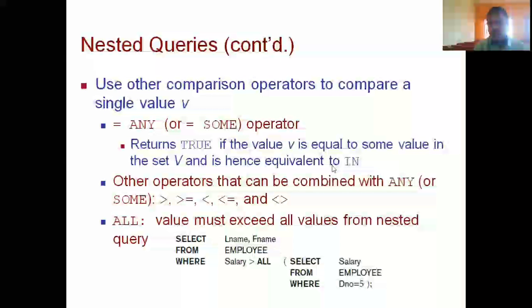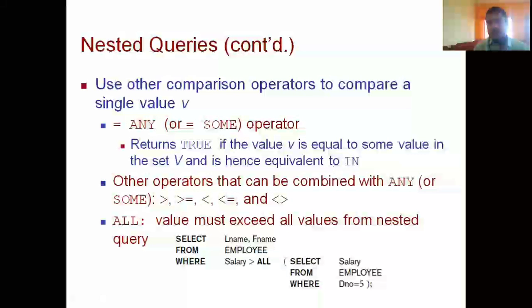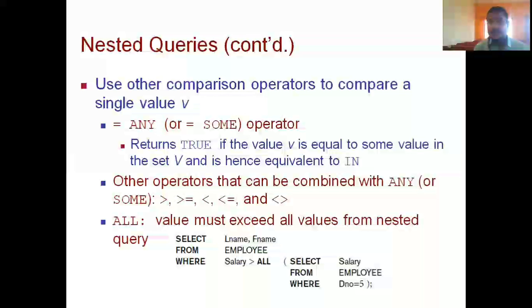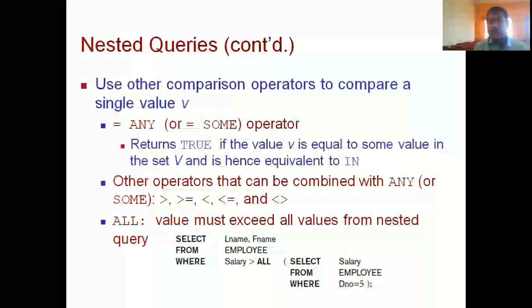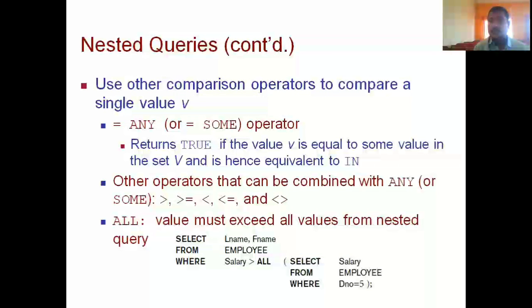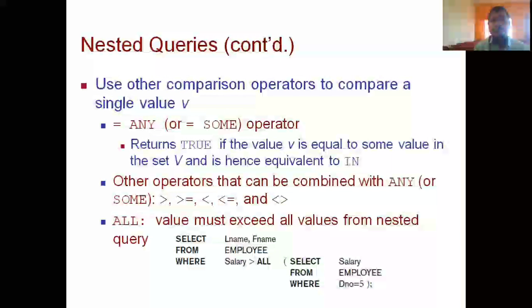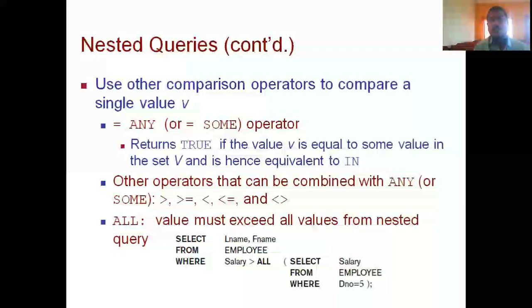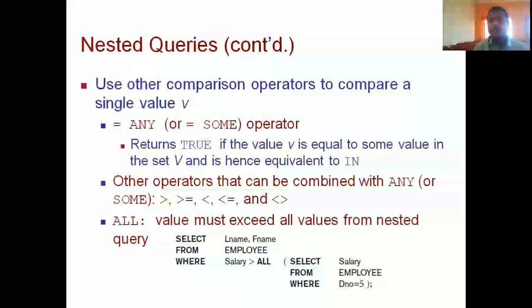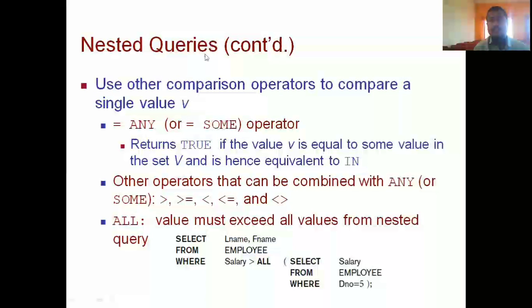It is like when we write C++ functions that return values: if the condition is true, return 1, otherwise return 0 when the condition is false. Similarly here in nested query language, the equals ANY or equals SOME operators return true or false, like using the IN command. As you know, IN is a nested query command.